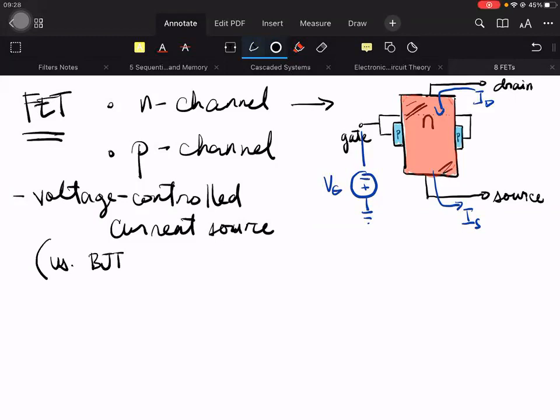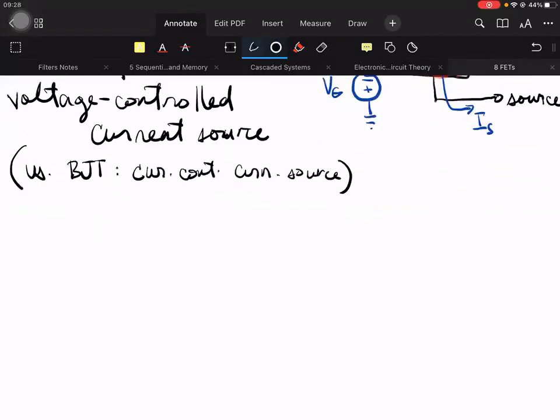Versus the BJT, which is a current controlled current source. So, a little review. This is our BJT. Current will only flow from the collector to the emitter if current is applied to the base.